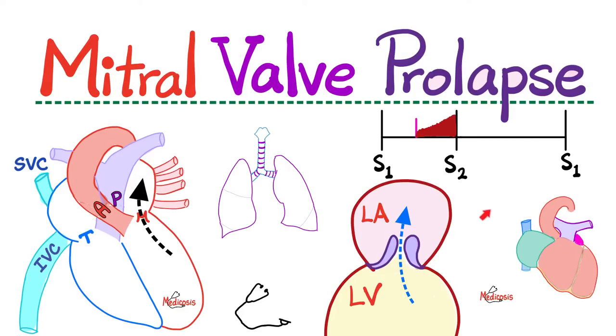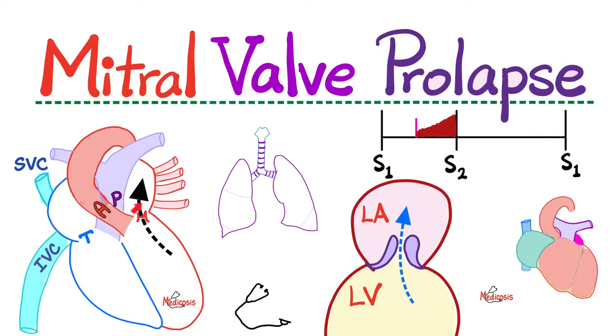We talked about acute fibrinous pericarditis and constrictive pericarditis. We talked about hypertension and congestive heart failure. Then we talked about cardiac arrhythmias, and now we're discussing valvular heart diseases. We are done with aortic stenosis, aortic regurg, mitral stenosis, mitral regurg. Today it's time for mitral valve prolapse.